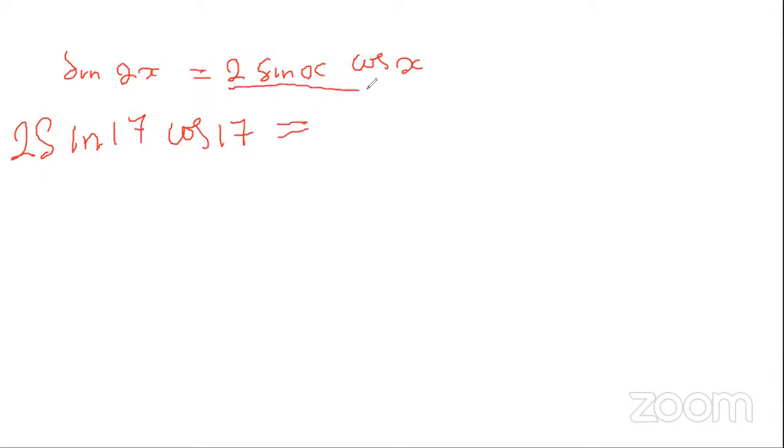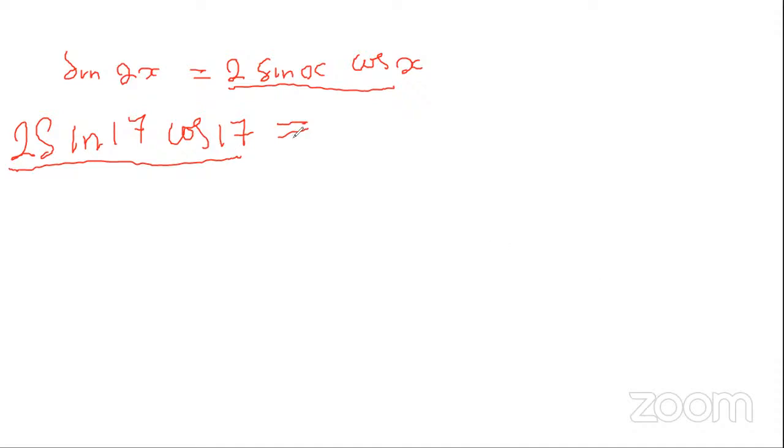When we compare this and this, they are similar. In mathematics, we say they are similar. Since they are similar, they are given by sine 2x is equal to 2 sine x cos x. Here we have 2 sine 17 cos 17.